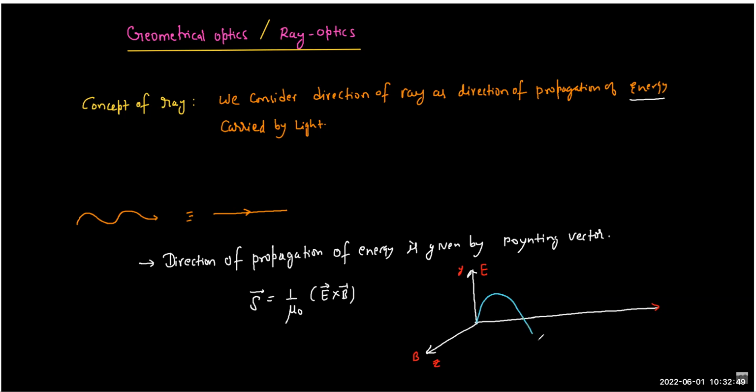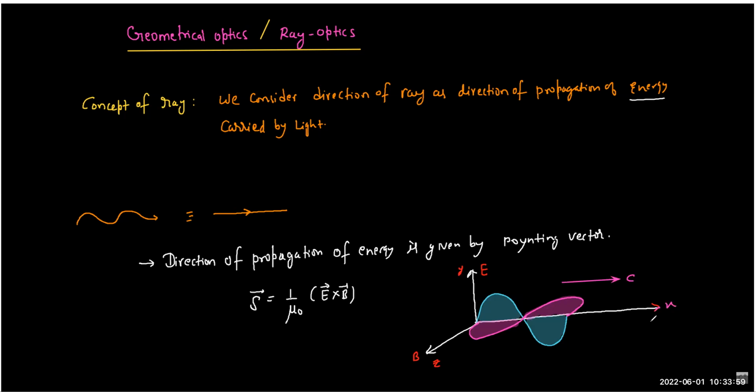So the E is oscillating this way, and if B is oscillating this way, in two different planes, then the direction of propagation of energy will be E cross B, which is the x-axis.